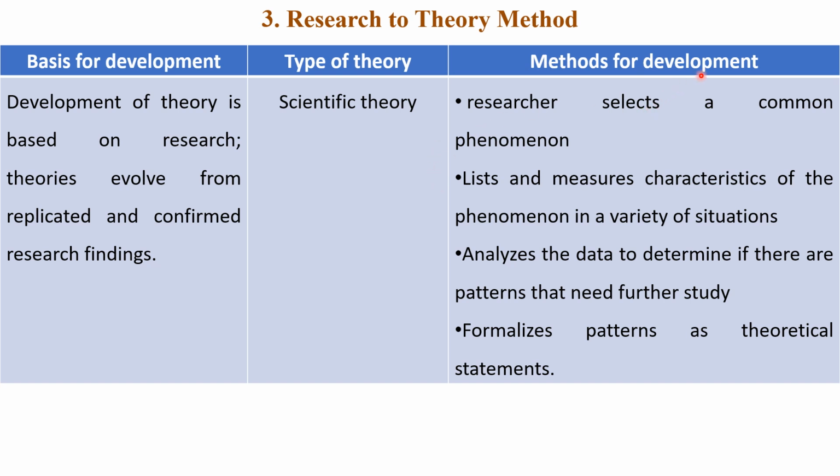The method of development is that the researcher first selects a common phenomenon, lists and measures characteristics of the phenomenon in a variety of situations. The researcher analyzes the data to determine if there are patterns that need further study, and formalizes patterns as theoretical statements. From the conduct of many repeated researches, theory is developed.